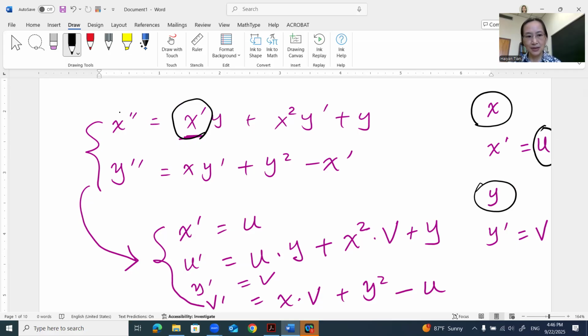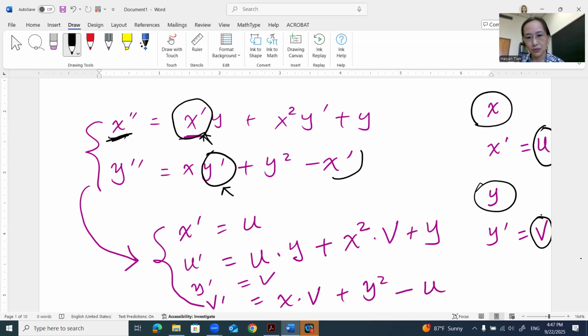That means the second order derivative of x will be just the first order derivative of u. And we replace the y derivative with a v, just like the velocity of another function. We call it v. So we replace the x derivative and y derivative with u and v respectively.